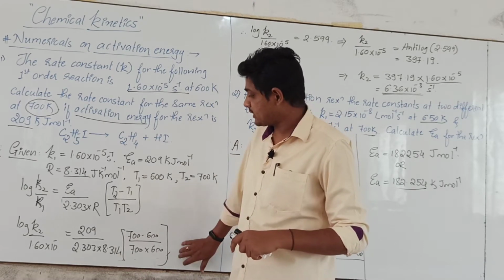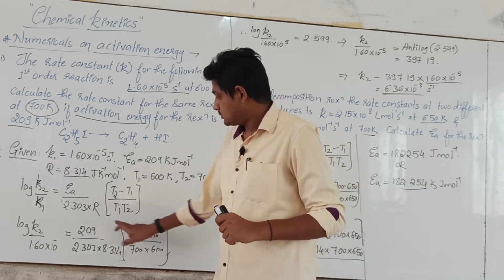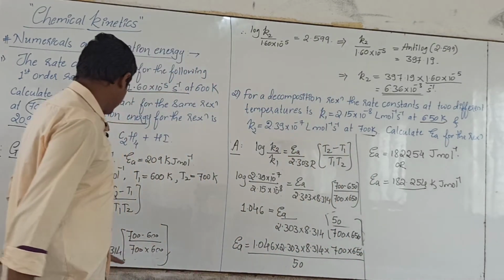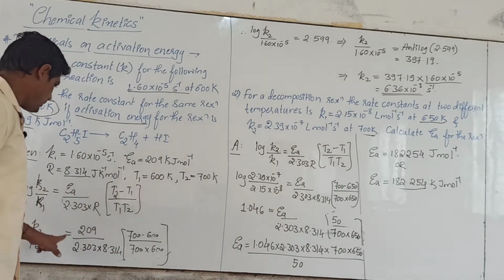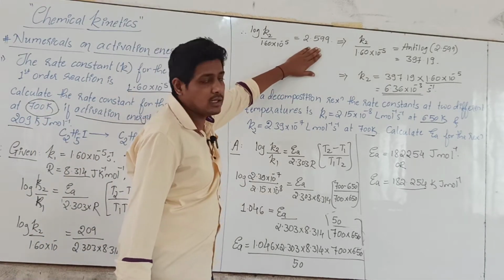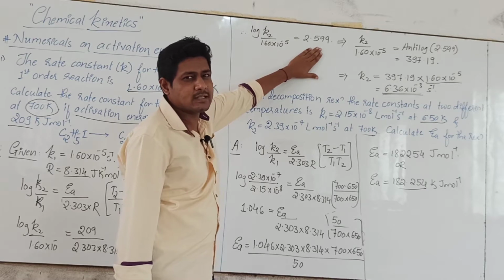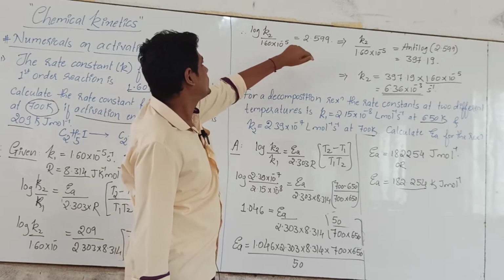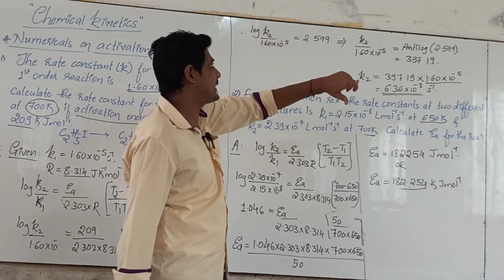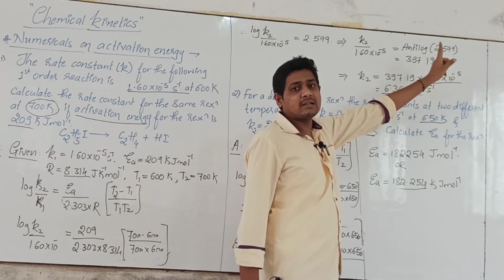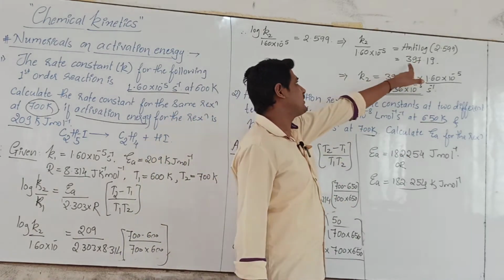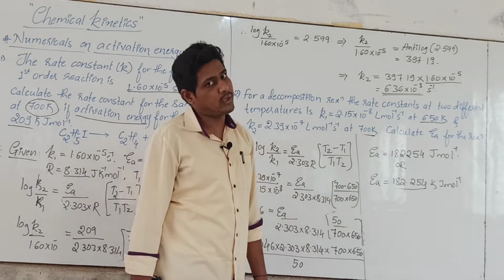Okay, so I have substituted the value here. On solving this part I'm getting the answer as 2.599, or you can simply take it as 2.6 also. Then to calculate K2, what do I have to do? Log is there, so log goes to the other side and it will become anti-log. So the anti-log of 2.6 will be 397.19.